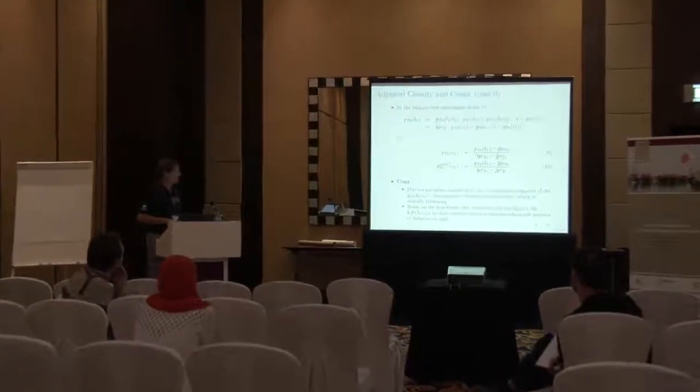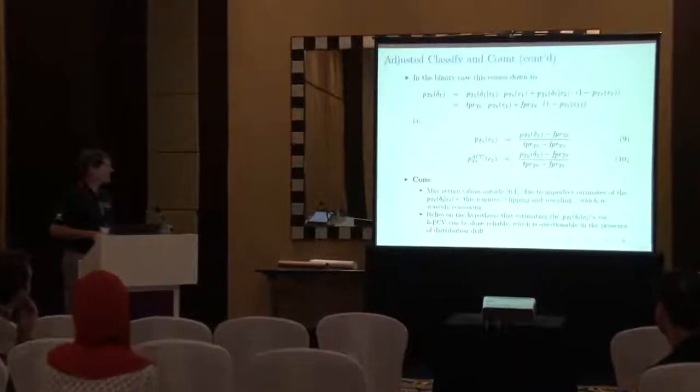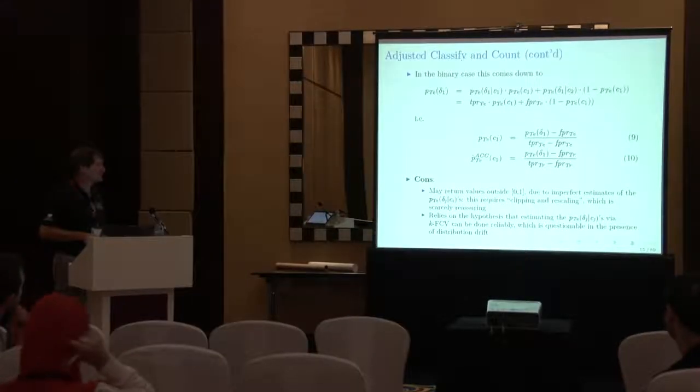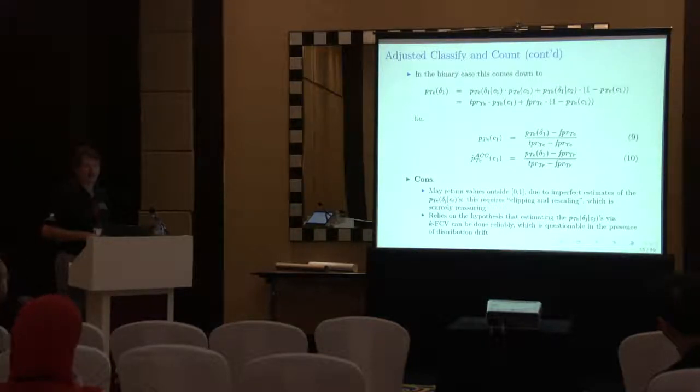One slight problem is that this method may also return values which are outside 0, 1. Why is this so? Because the probabilities of misclassification get estimated imperfectly, so we have imperfect estimates of this. In this case, this requires so-called clipping and rescaling.